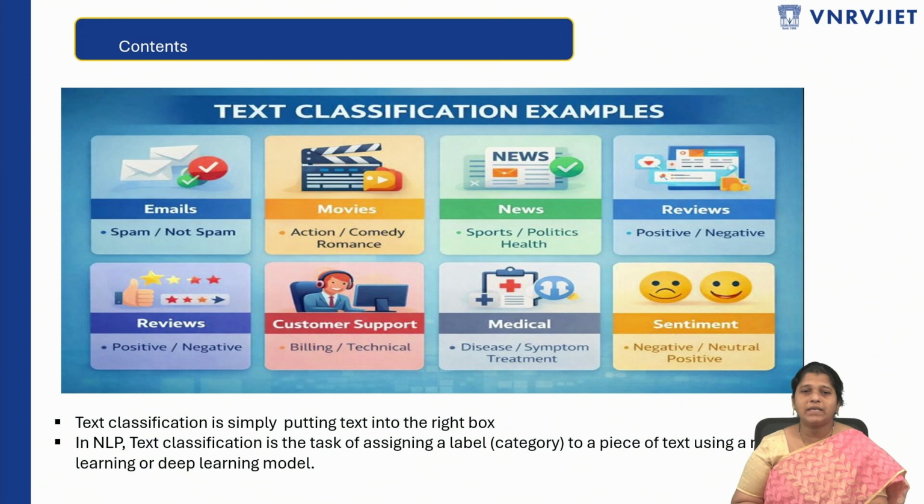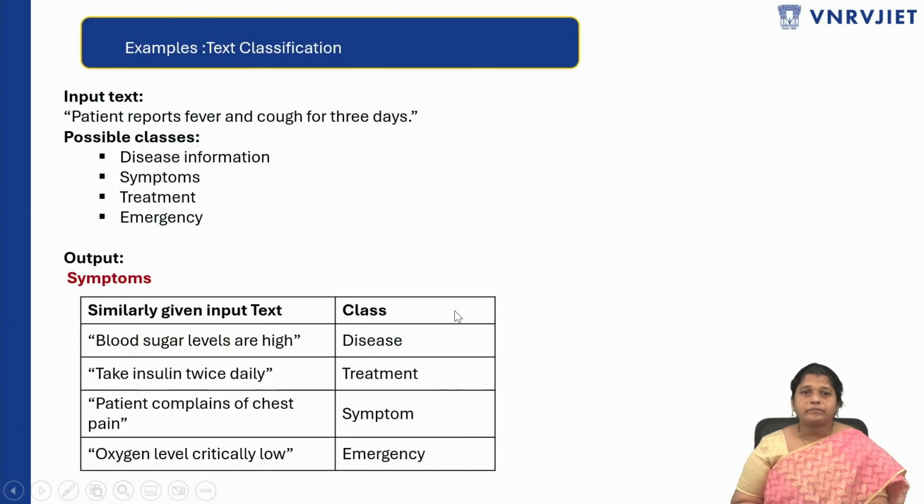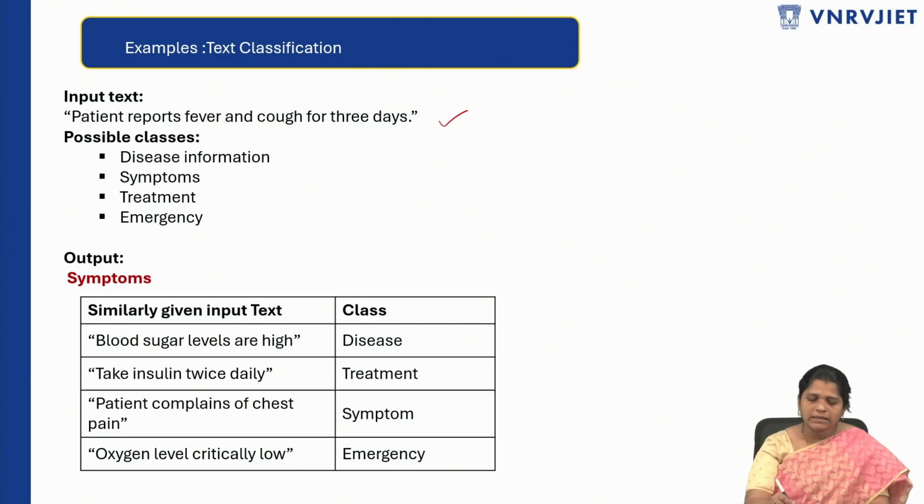So text classification is the task of assigning a category to the available text, deciding which category it belongs to. I have a small example: a patient reports fever and cough for 3 days. The possible classes can be: it discusses some disease information, and he is talking about some symptoms, fever and cough.